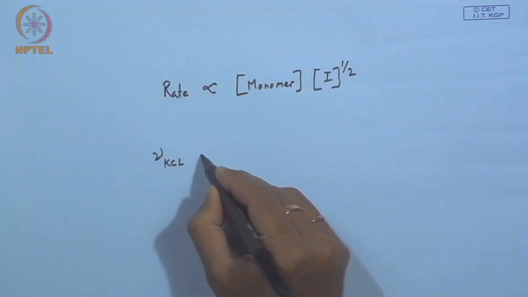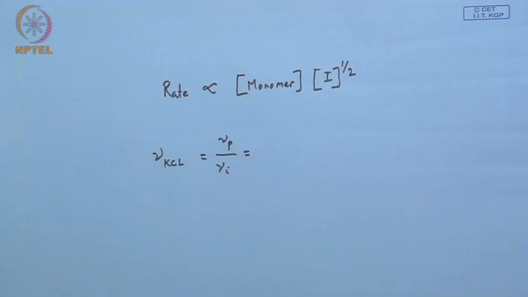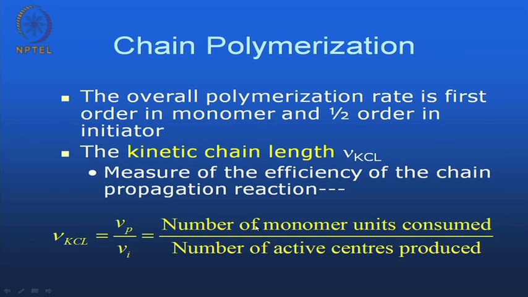If it does not propagate for a long time, then longer molecules cannot be formed; molecules having huge chain lengths will be formed only with difficulty. So it is defined as nu P divided by nu I, which is the number of monomer units consumed in the numerator divided by the number of active centers produced. An active center is a center, like a radical center, that is active for doing further reaction.